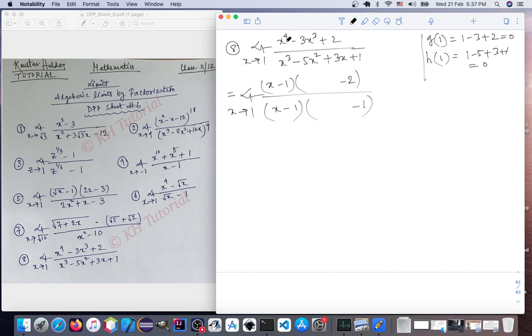Now we start with x to the power 4, so it should be x cube. Now we get minus x cube over here, but we have minus 3x cube, so we must have minus 2x square.